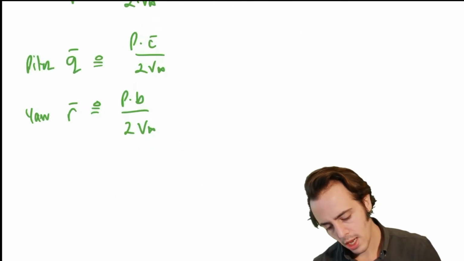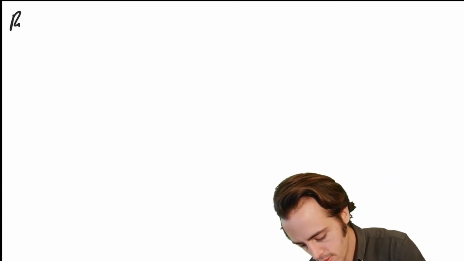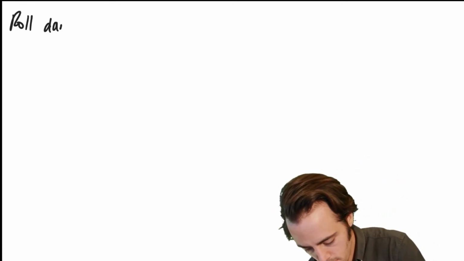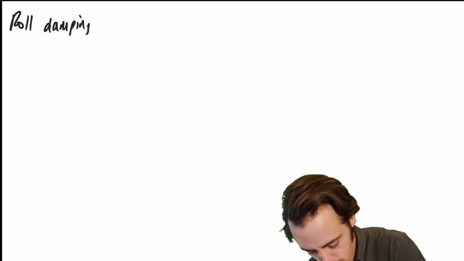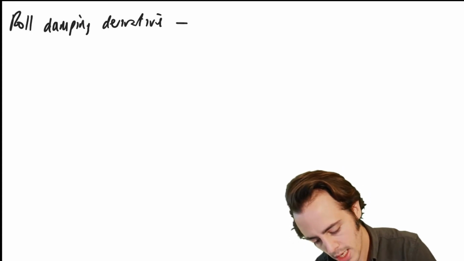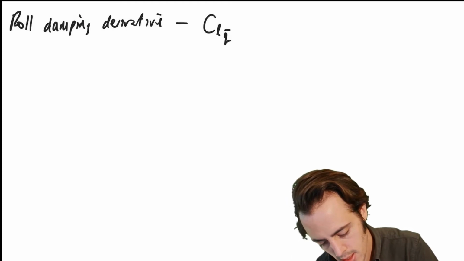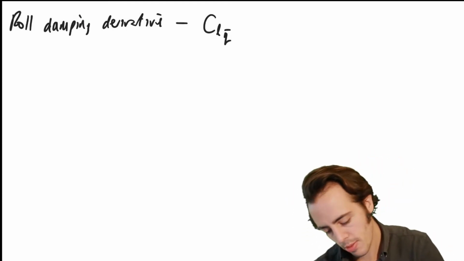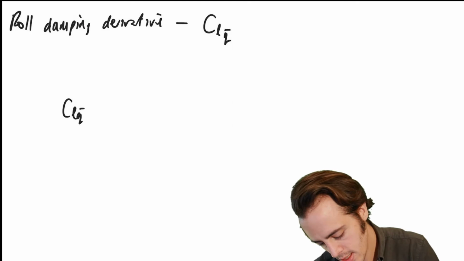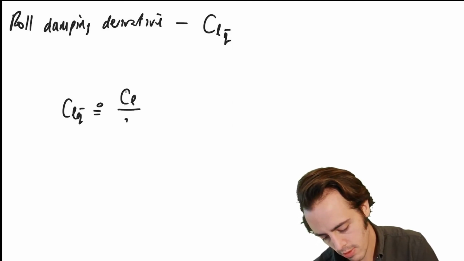So we're going to look at how we can estimate the roll damping derivative. So the roll damping derivative we're going to say is CL Q bar, defined as the rate of change of CL over Q bar.